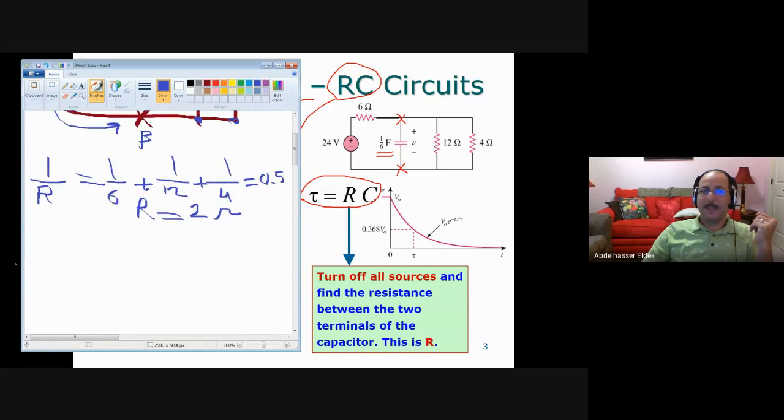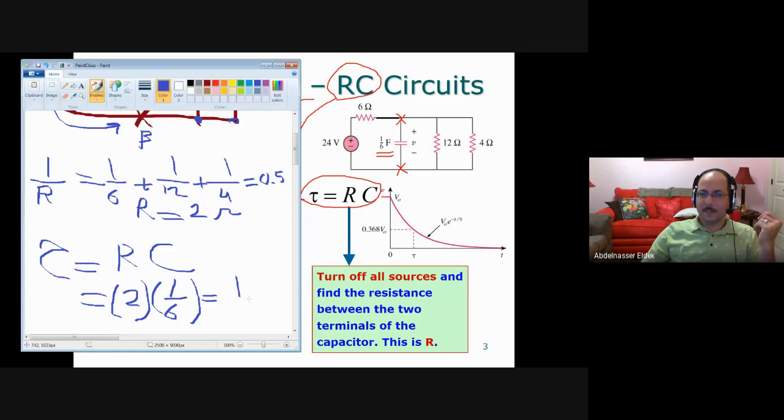So if you want to find tau, which is the time constant, it is R times C. R is 2 ohm, and C equals 1/6 farad.